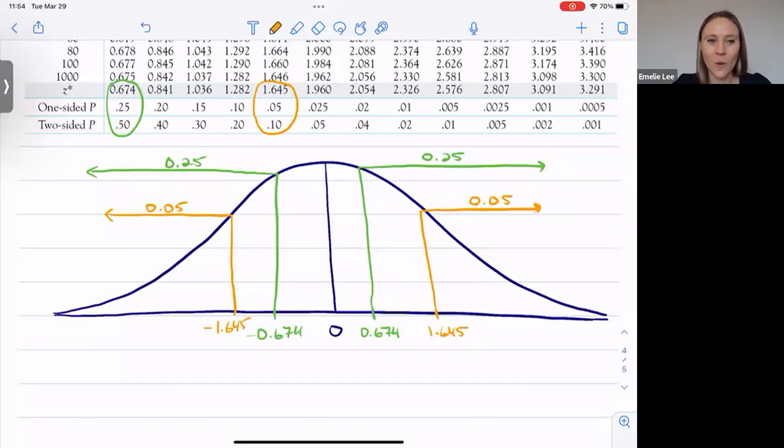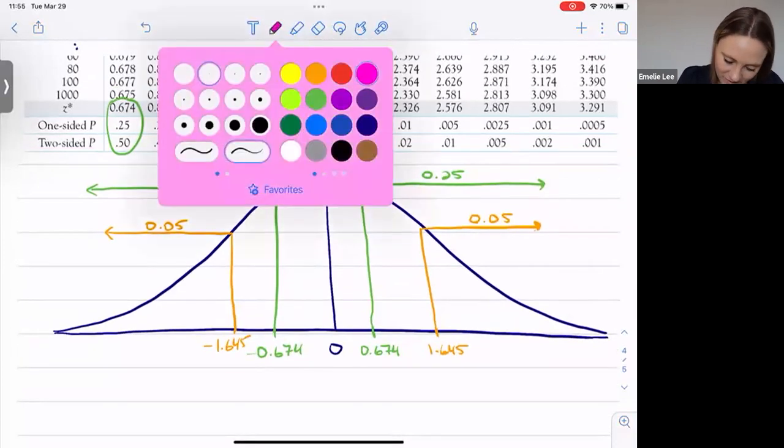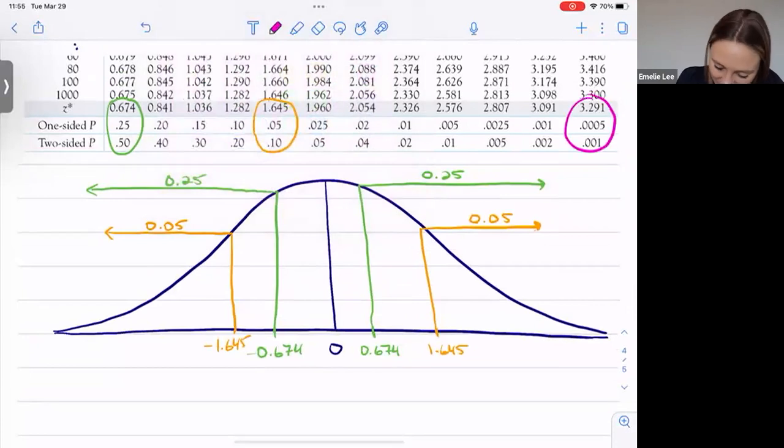Now here, 3.291, that's as far as this table goes. Remember, we're used to 3.49, so our Z table goes a little bit further, but the idea stays the same.